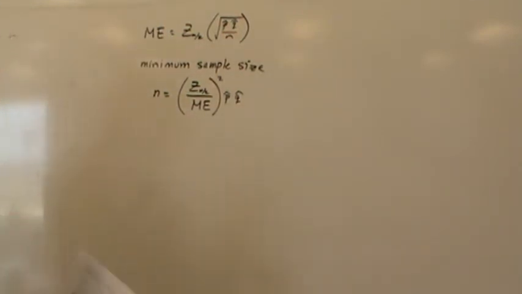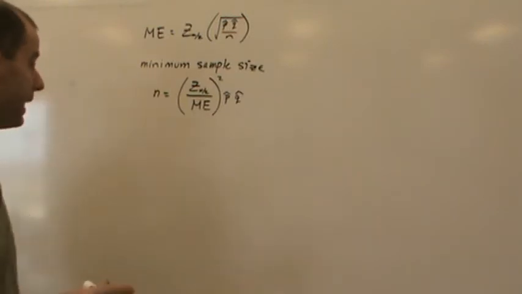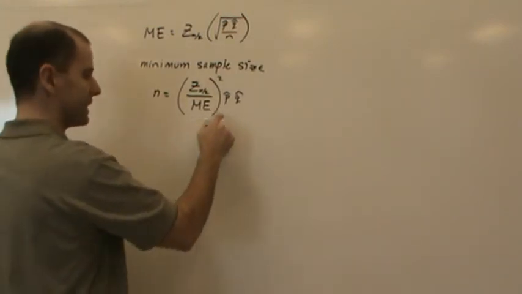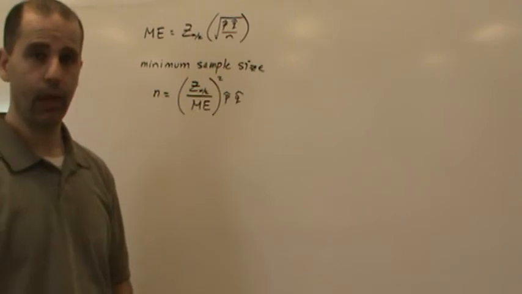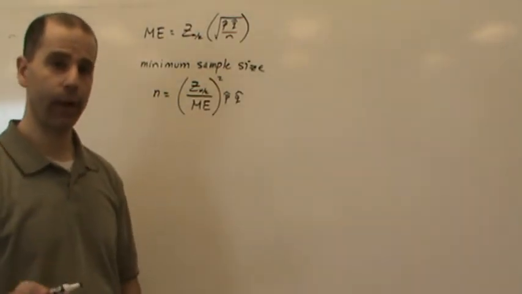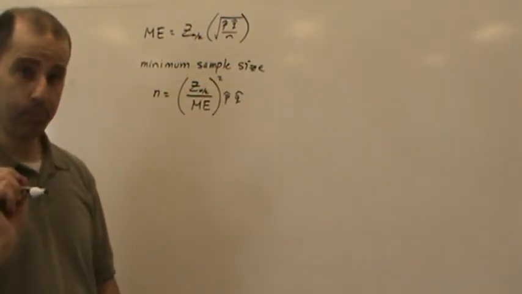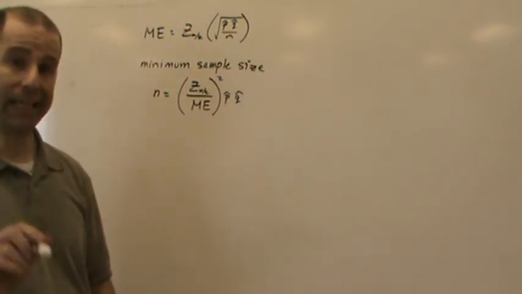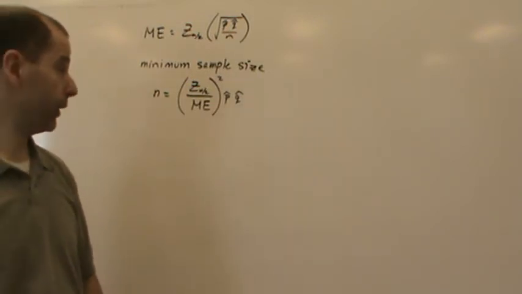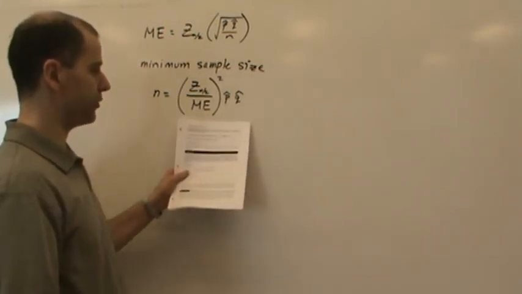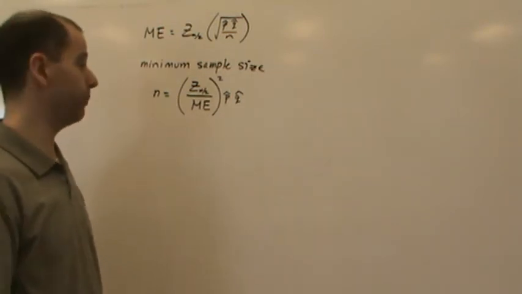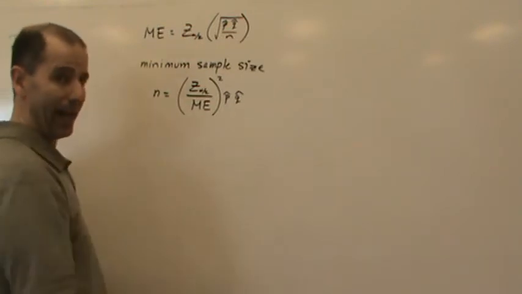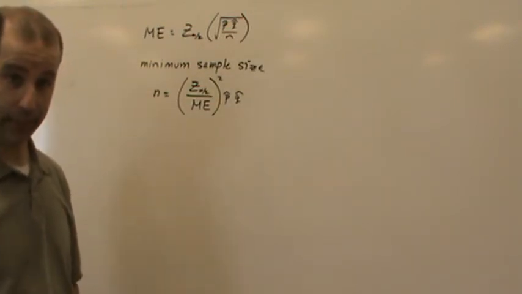If the p hat is not stated in the problem, this is one of the times where if we're not given the preliminary information of p hat, then we always assume that p hat is 0.5. Why do we do that? Because if we don't know, then we're going to make this value as big as it possibly can be.